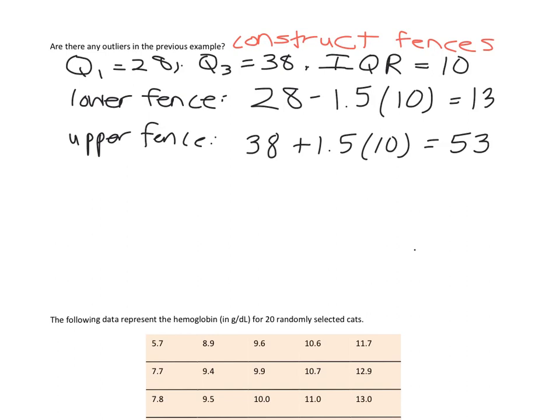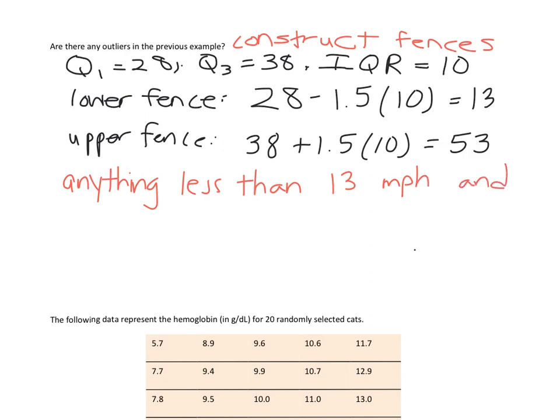So I'll give you some time. Go check the data set. And again, anything less than 13 and anything more than 53 is an outlier. So what are you guys finding?